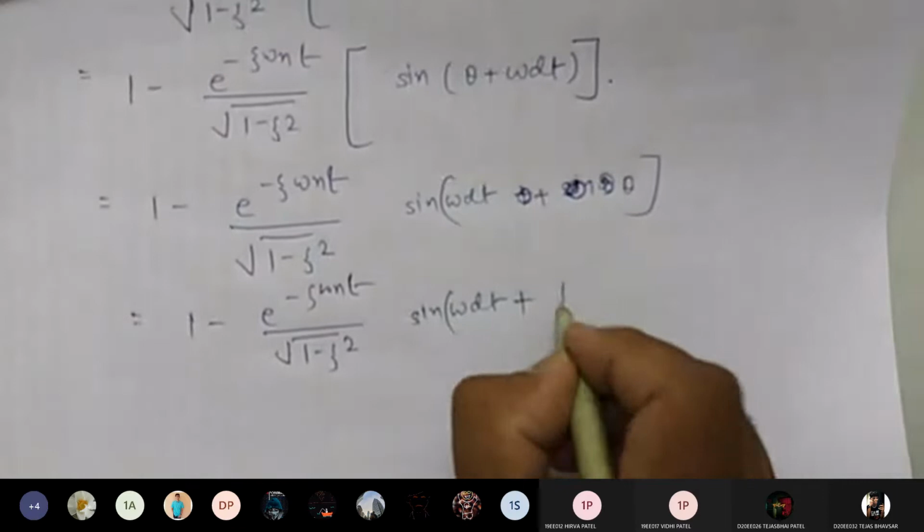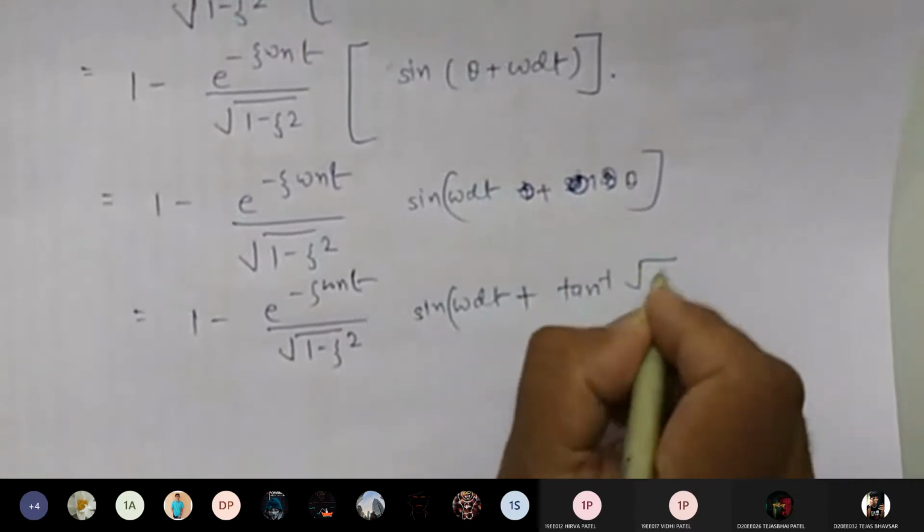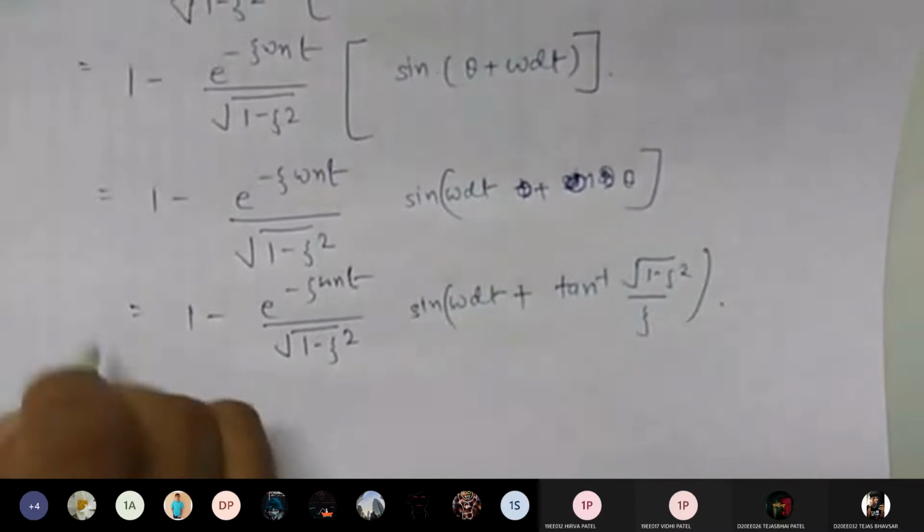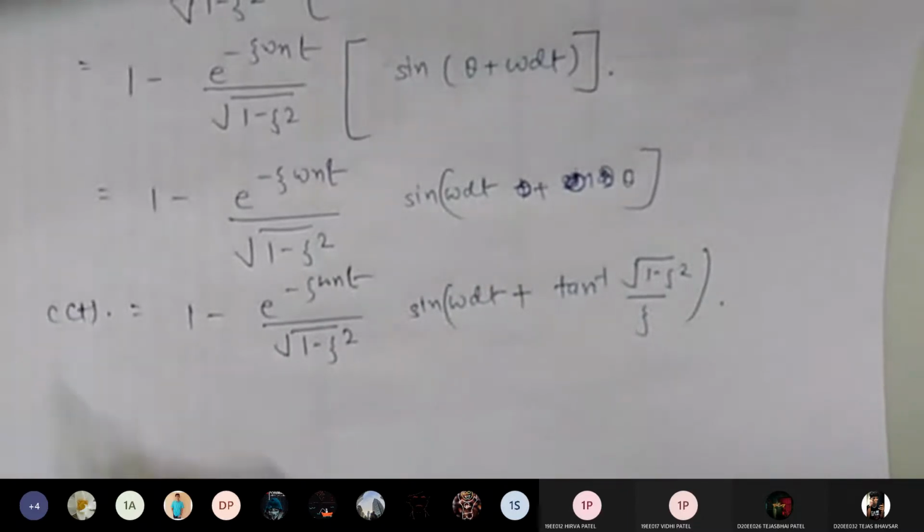Theta is equal to what? Tan inverse of under root 1 minus zeta square upon zeta.